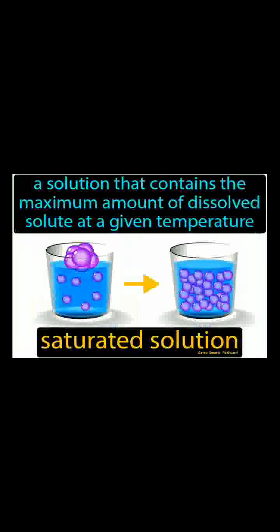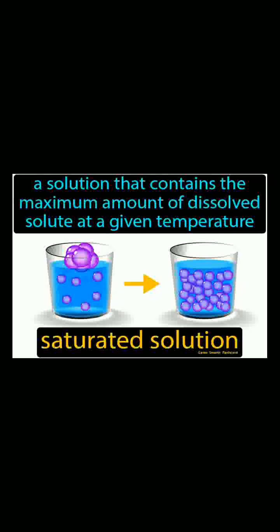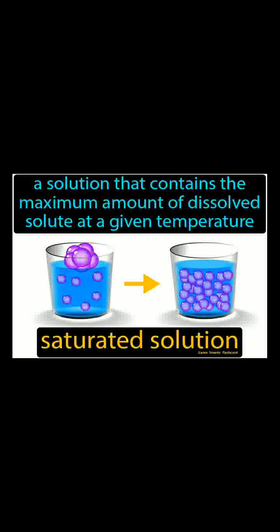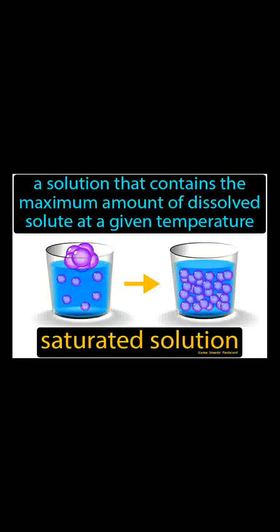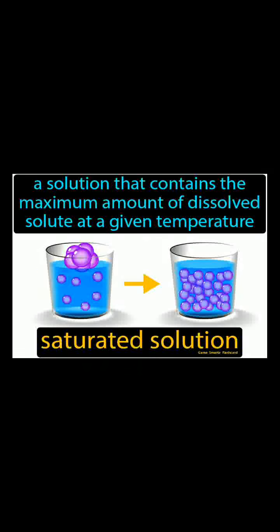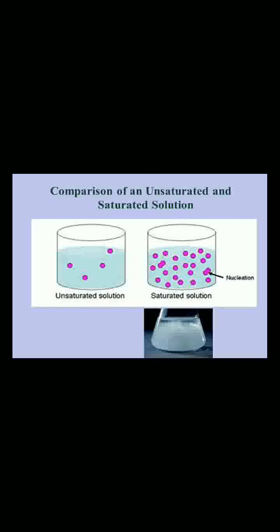Now again we focus on saturated solution, a solution that contains the maximum amount of solute dissolved in the given amount of solvent at a given temperature. At saturated solution there is an equilibrium established between dissolved solute and undissolved solute. Let us compare unsaturated and saturated solution.